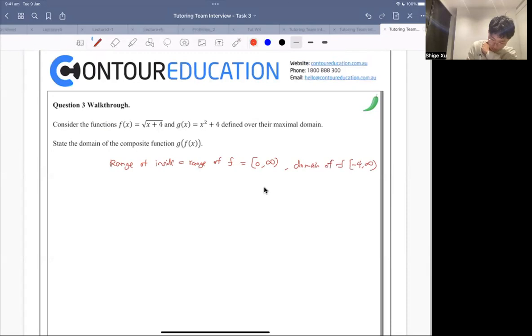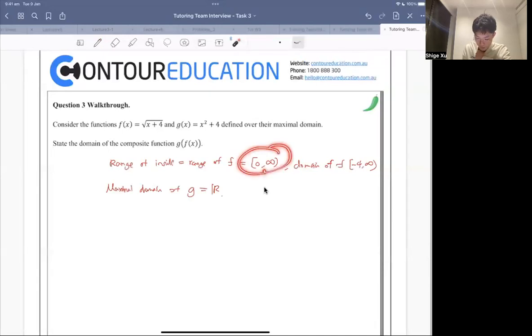Okay, now what's the maximal domain of g? That would equal what? We have a quadratic term here, so essentially all real numbers. Does it fit? We have non-negative numbers and real numbers. Clearly that fits in.